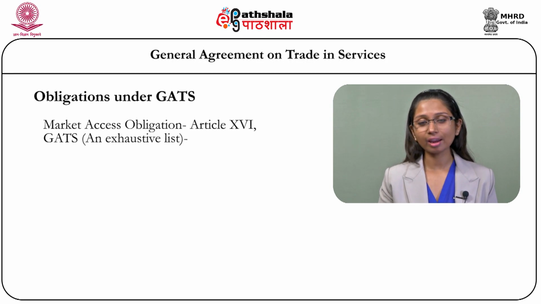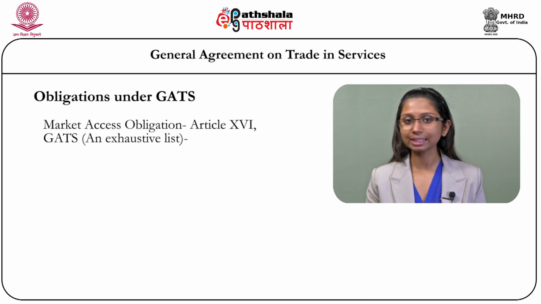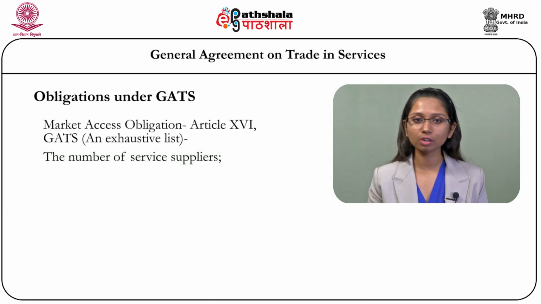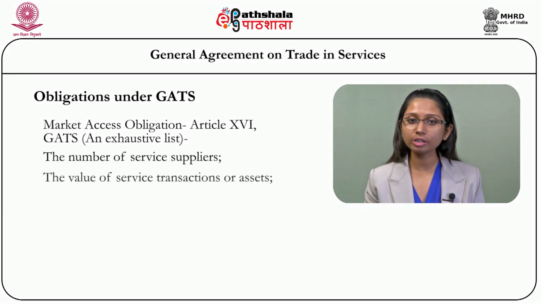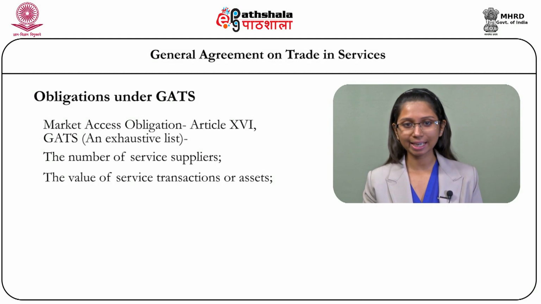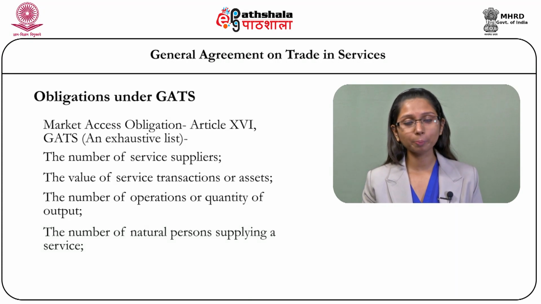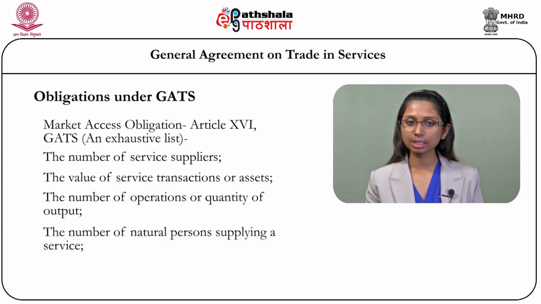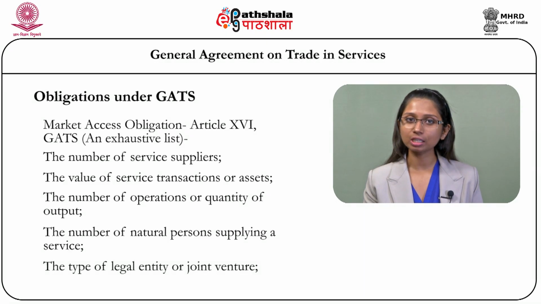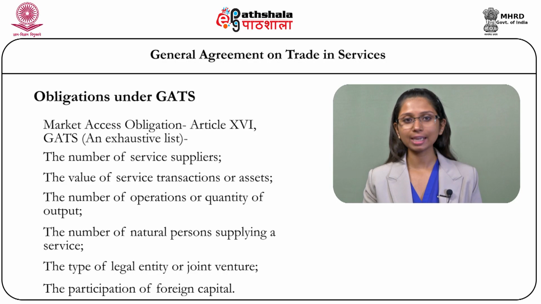Now, the six areas of this exhaustive list include the number of service suppliers, the value of service transactions or assets, the number of operations or quantity of output, the number of natural persons supplying a service, the type of legal entity or a joint venture, and the participation of foreign capital.